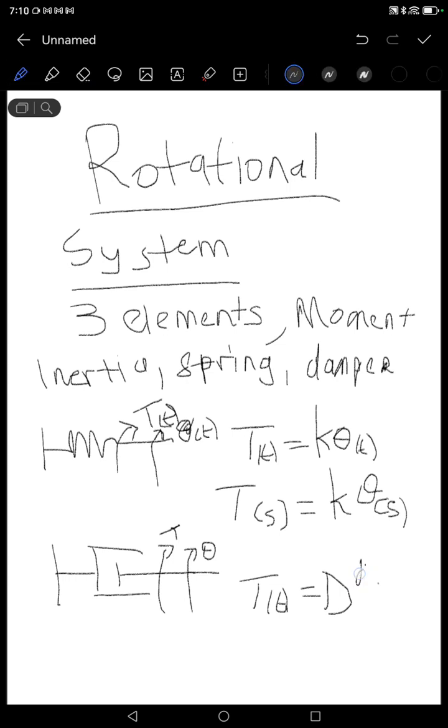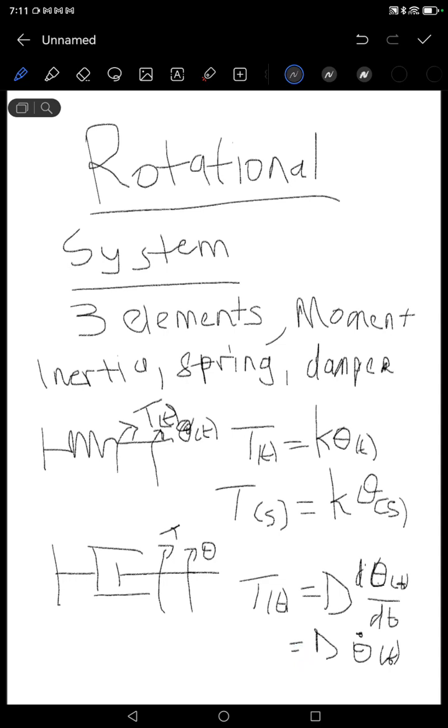So it's going to be D of d theta, the first derivative of angular displacement, over dt. Or we can write it as d theta dot of t to show that it is the first derivative.